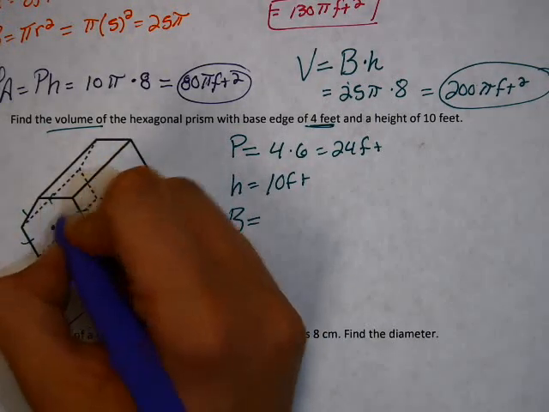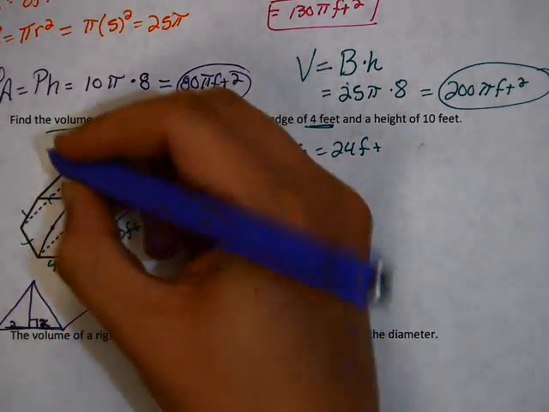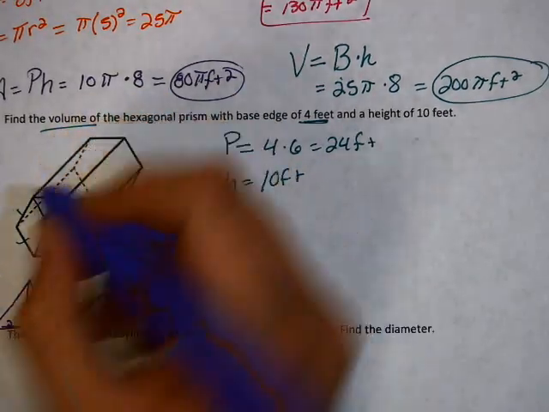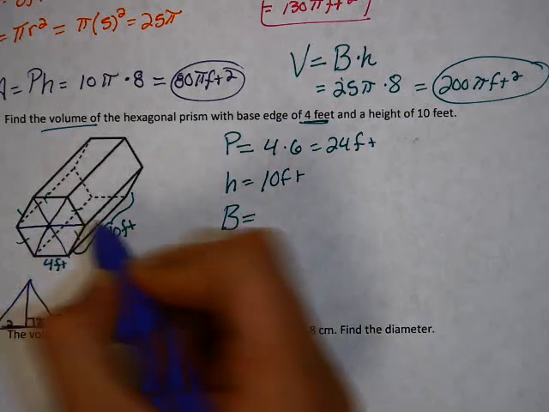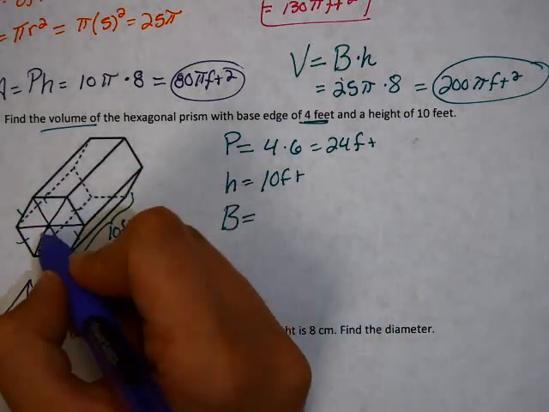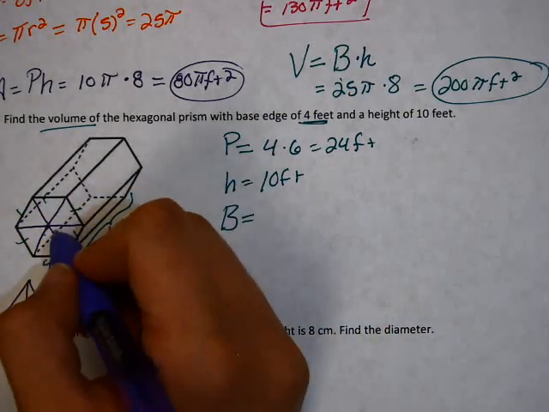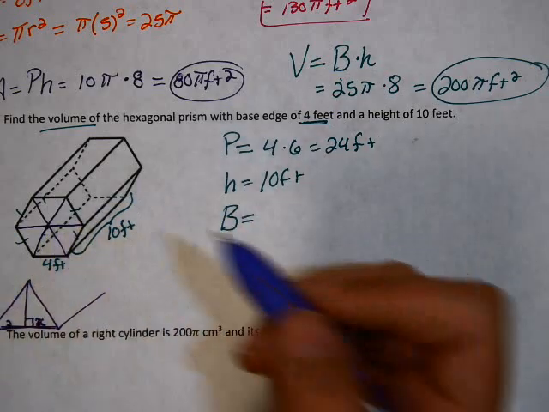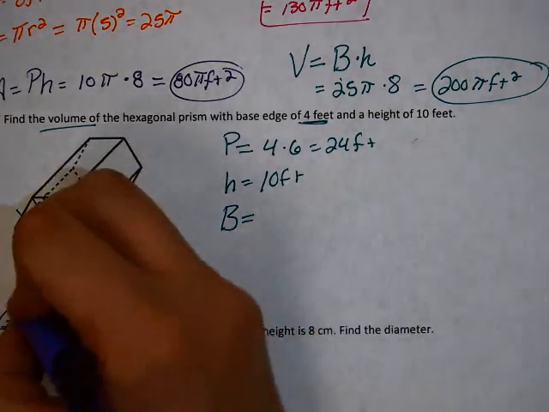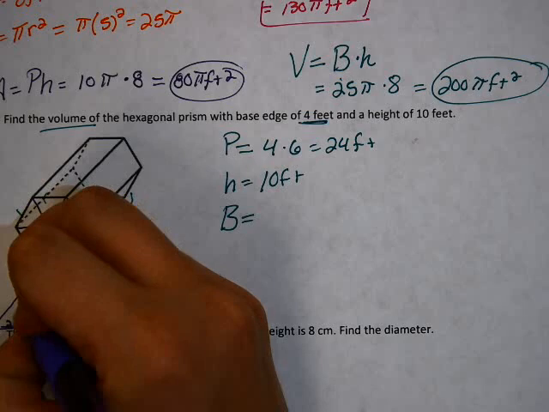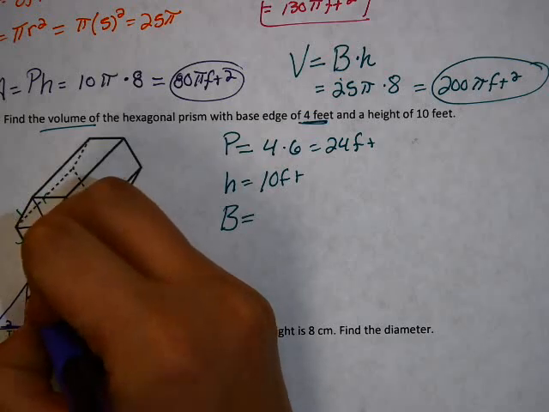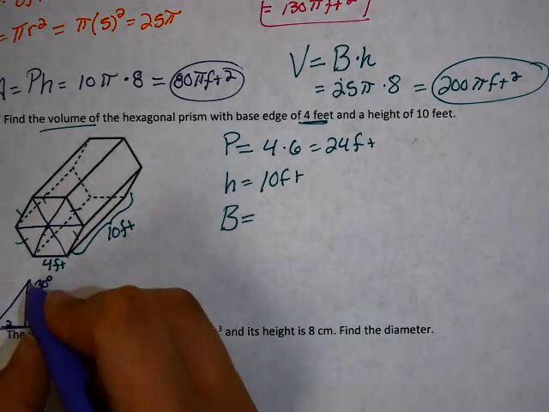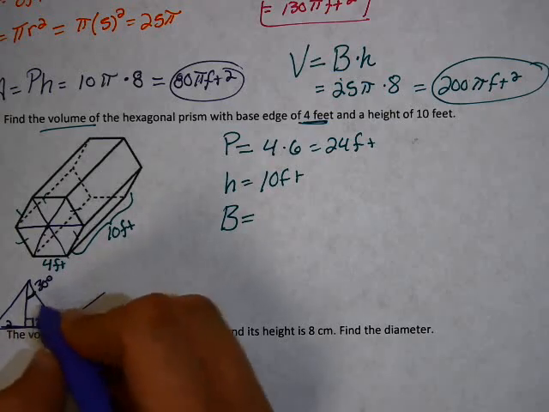Okay, so remember that with a hexagon, we can draw in at least 6 different triangles. And so my central angle here would be 360 divided by 6, which is 60. And again, that means that if I divide it in half, that's 30. But I'm still working with a 30, 60, 90 triangle here.